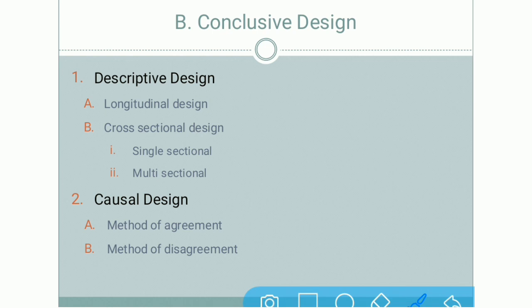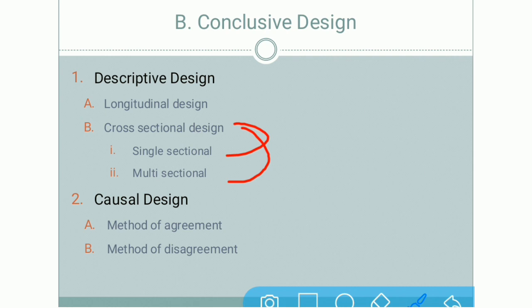There are two types of cross-sectional design, single sectional and multi-sectional. Single sectional is the same as cross-sectional design, when a study is conducted once on a particular respondent. But with multi-sectional, the topic is one, but different years are considered for the study, and you are doing a comparison.